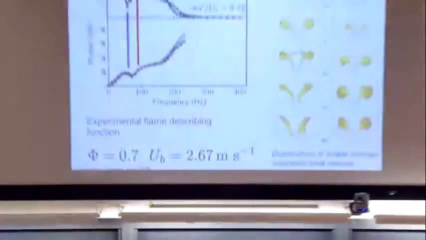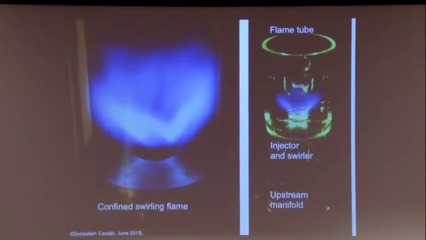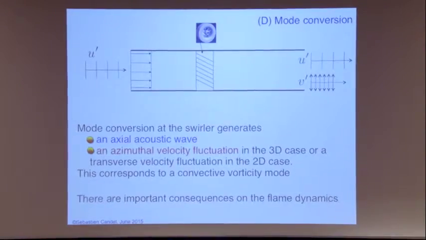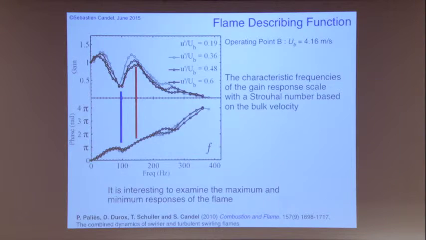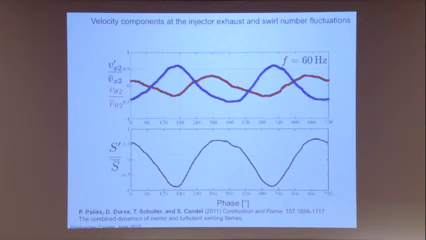So basically, much of the acoustics is in the linear regime. The swirler operates in the linear regime, but the flame is nonlinear and produces nonlinear signals. When you look at the signals at the flame, they are like that.